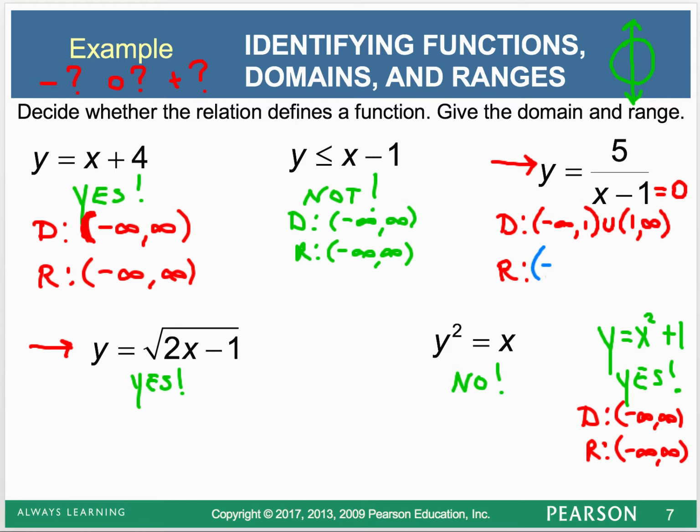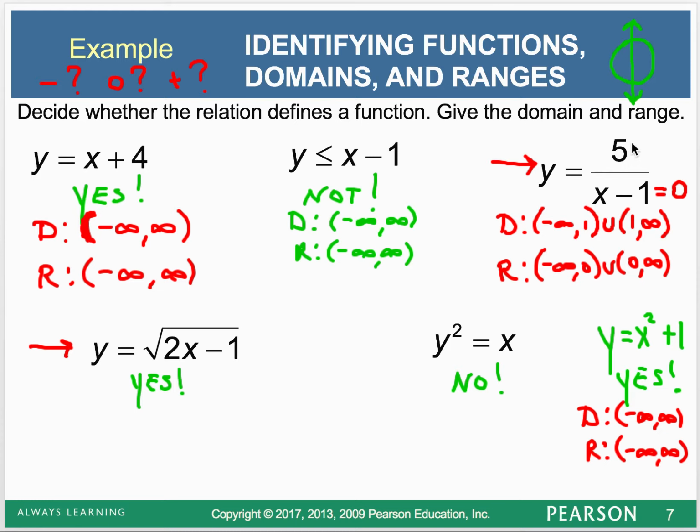So my range is anything but 0. So any other numbers is okay. It can be all kinds of negative numbers and positive numbers, but it can't be 0.